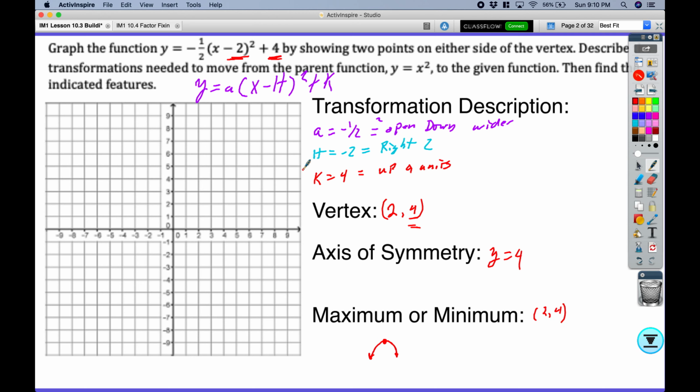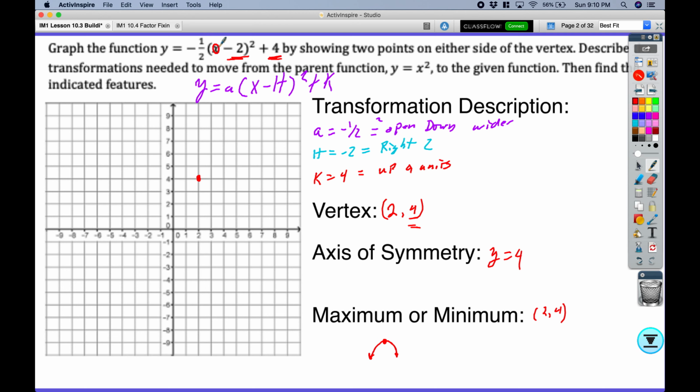Okay? So let's go ahead and actually graph this. The first thing I'm going to do is go to (2, 4): over 2, up 1, 2, 3, 4, and put a point right here. Then we're going to plug in some values. I think the easiest value to always plug in is 0. If I plug in an x value of 0, what would my y value be?